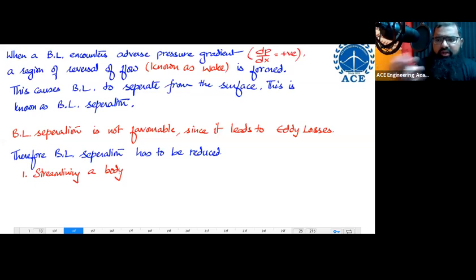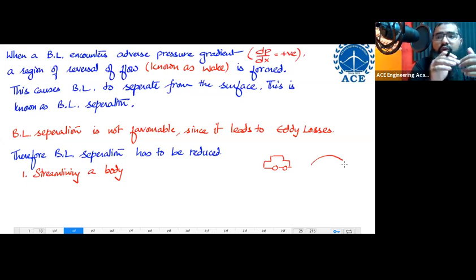Honda City some 15, 20 years back, I remember, used to have a model which was more like a box piece. Then what happened over a period of time? If you see the latest models nowadays, some people call it a dolphin nose model, you're having a model which is very sleek. Now what have you done over here? You have made the body more and more streamlined.